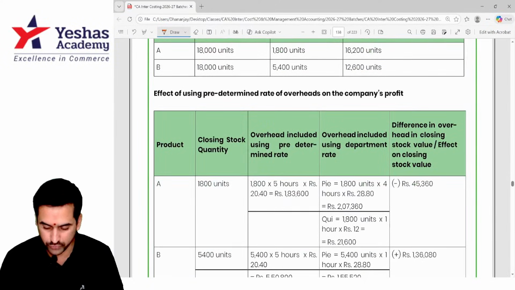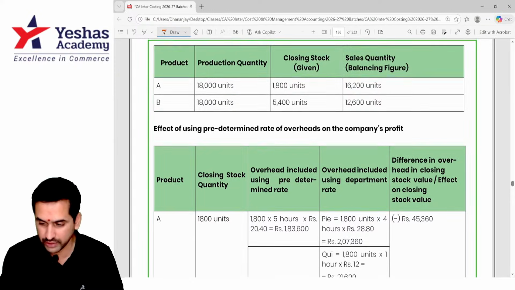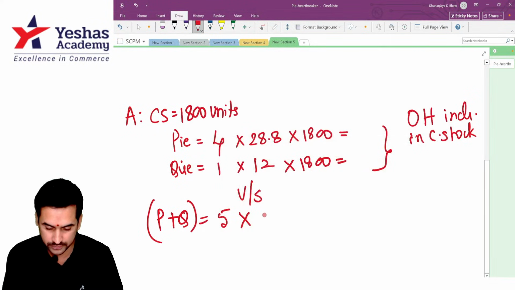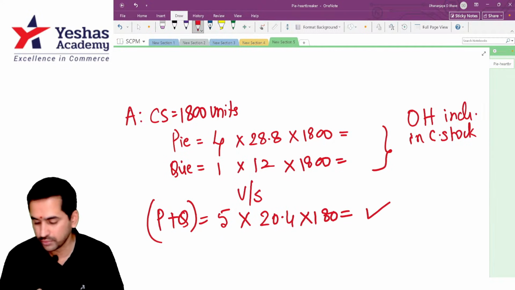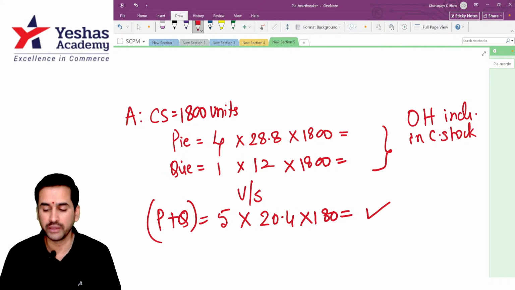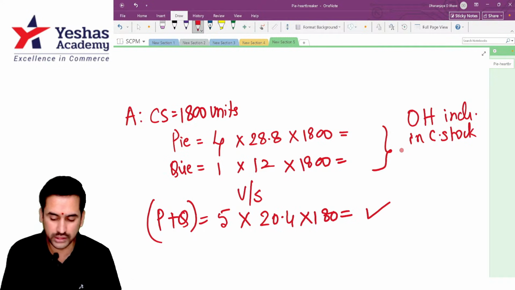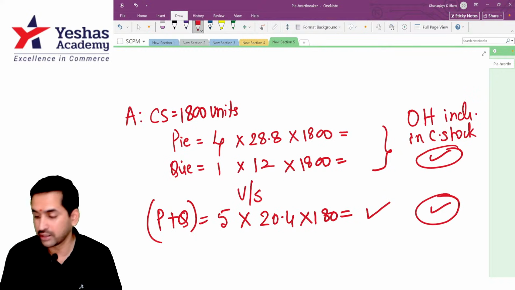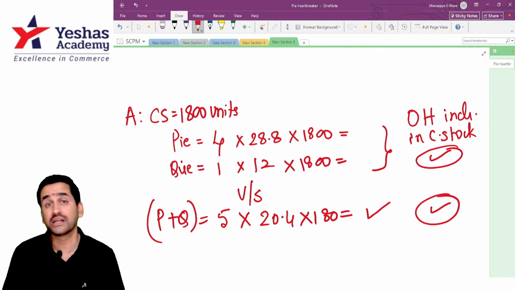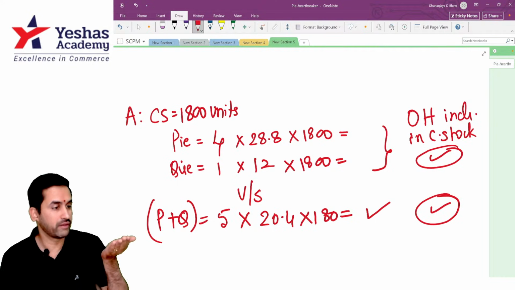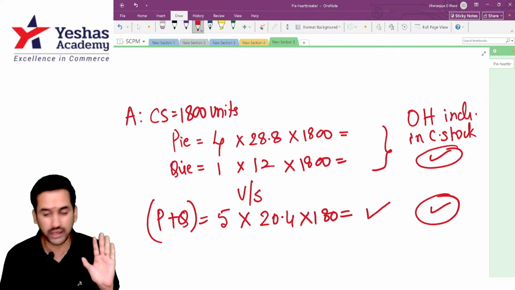One rate for full company. I think it was 20.4. Is that correct? Into 1800. Correct? Now tell me, this will be overhead included in closing stock. Now you have one number here, you have one number here. Able to follow? The difference will result in what? Either overvaluation of stock or undervaluation of stock.